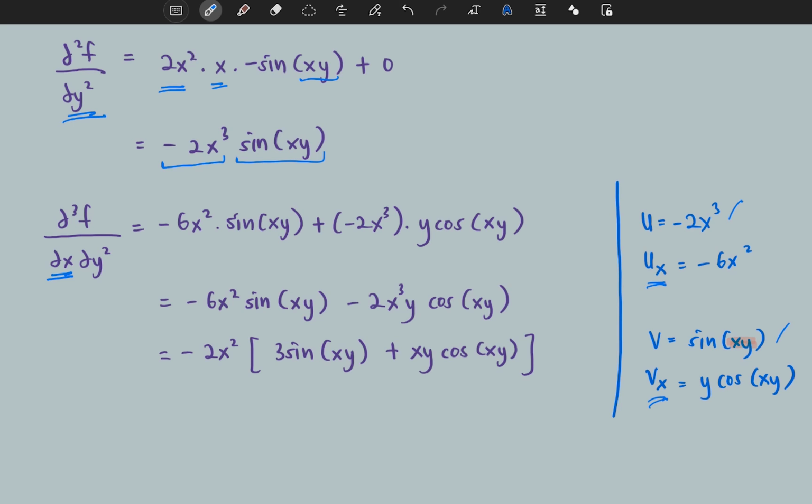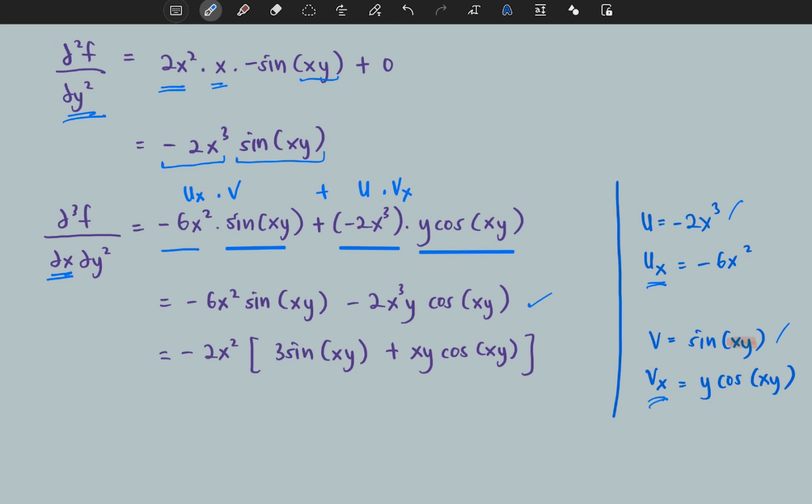So actually the formula is u_x times v plus u times v_x. So here u_x negative 6x squared, v sin xy plus u negative 2x cubed times v_x, y cos xy. Then expand, or we can call it simplify. It's going to be this one.